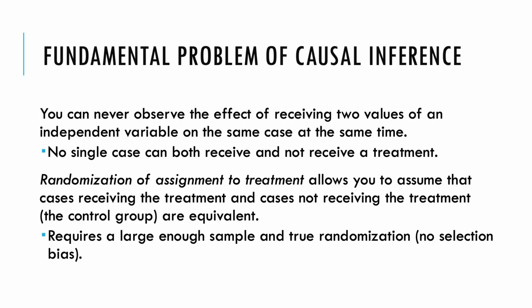You can't necessarily say that some other factor about the person who got the vaccine isn't causing their health outcome. So this is the fundamental problem of causal inference. You can never observe the effect of receiving 2 values of an independent variable on the same case at the same time.